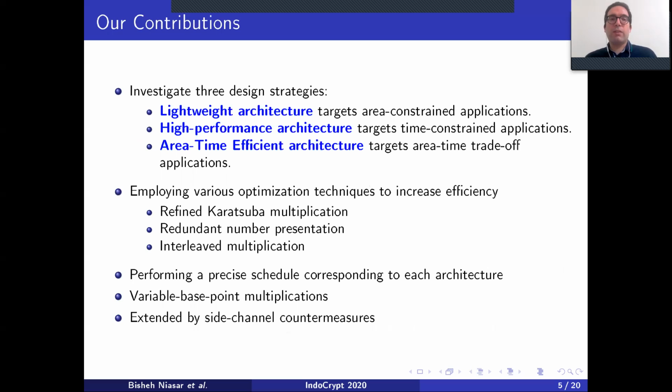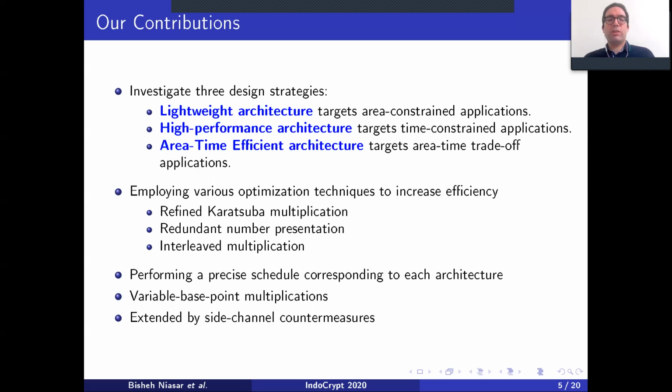We investigate three different strategies: lightweight architectures, which target area constrained applications; high performance architectures, which can be used for time constrained applications; and something between them, known as area-time efficient architectures, which provide a trade-off between area and time.